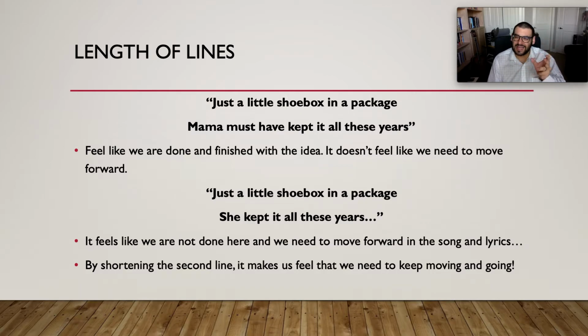Okay, 9 and 10 syllables, it's pretty close. The length is close. There's this sense of, okay, we're done, right? Both lines resolve. Things seem finished. There's no real sense to move forward.